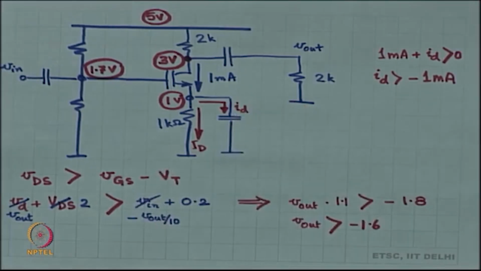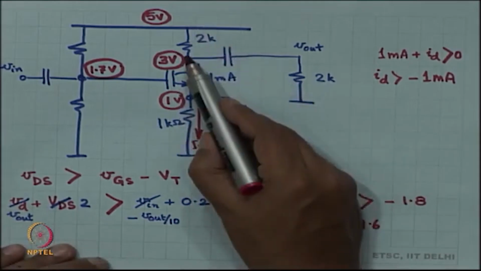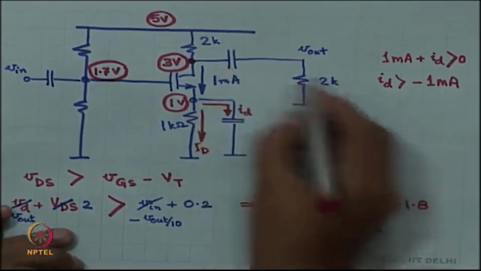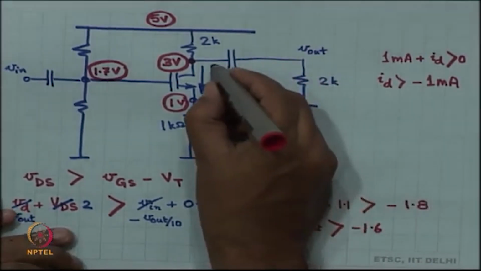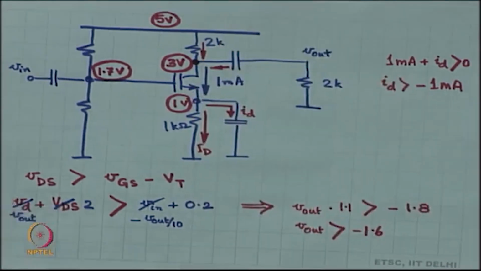Okay. And small id creates a voltage drop over here by how much? So, a portion of small id comes this way, a portion of small id comes that way.